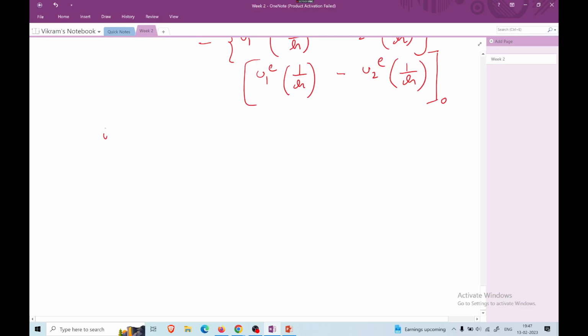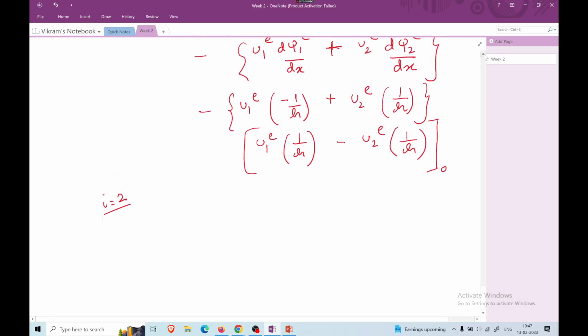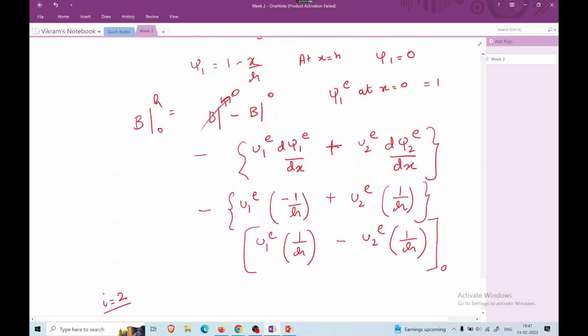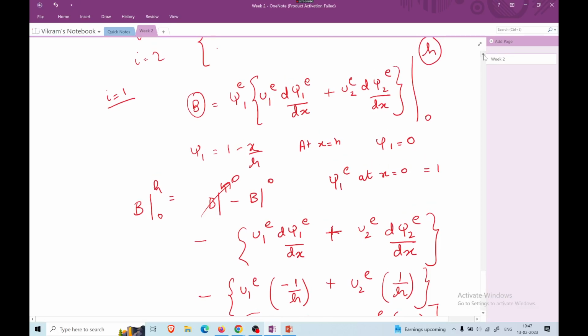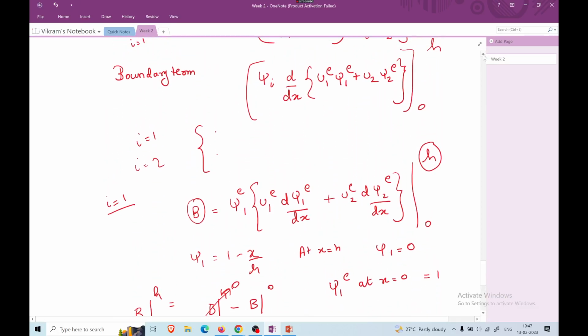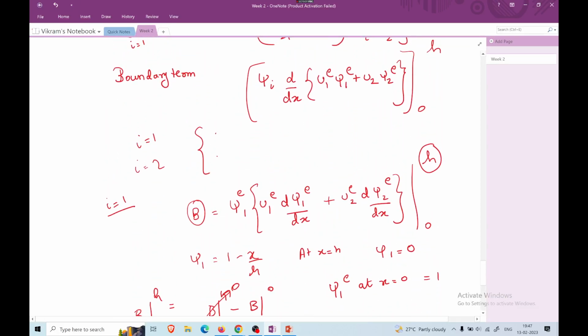So now for i is equal to 2, I just recall. So psi i, it was this thing. So i is equal to 2. This all thing remains the same. This psi becomes psi 2.